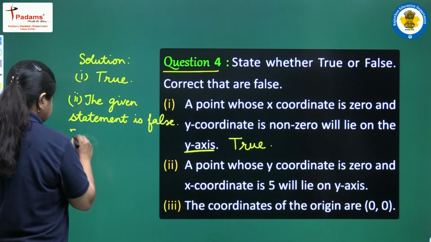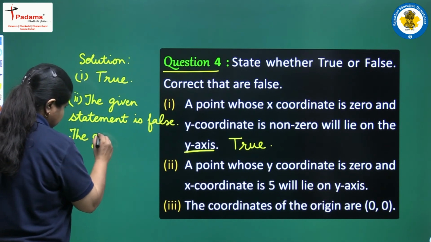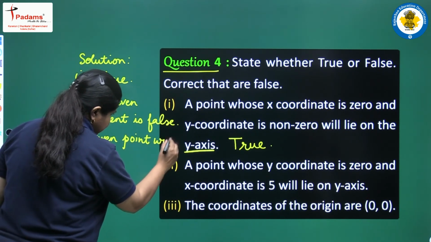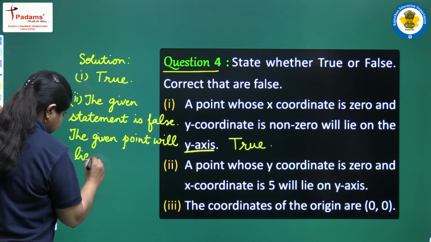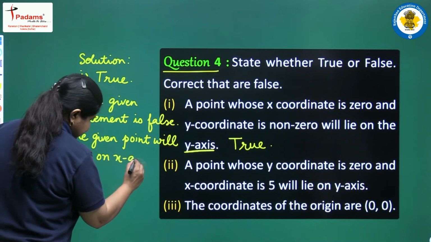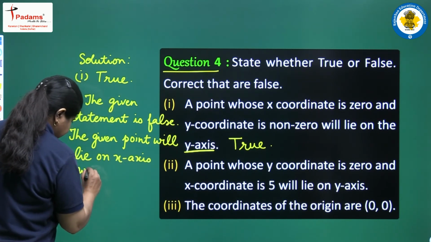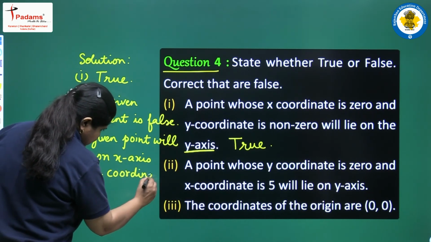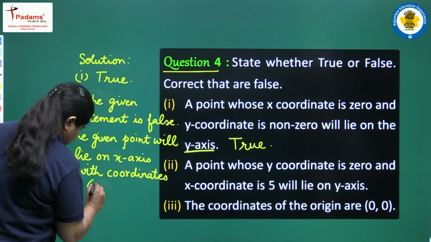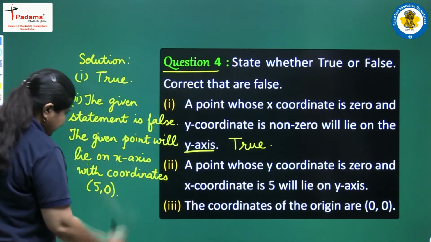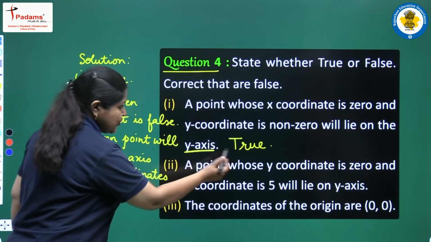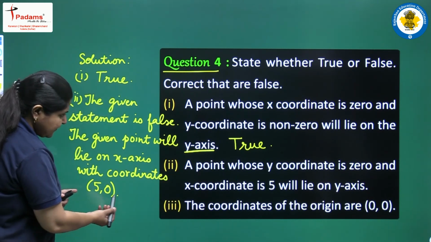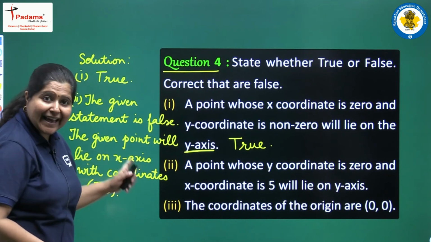The given point will lie on x axis with coordinates 5, 0. ठीक है, ये हो गया इसका करेक्शन. अ पॉइंट whose y coordinate is 0 and x coordinate is 5. The coordinates will be 5, 0 and this point will lie on x axis.